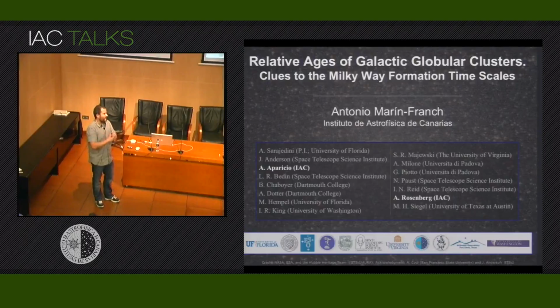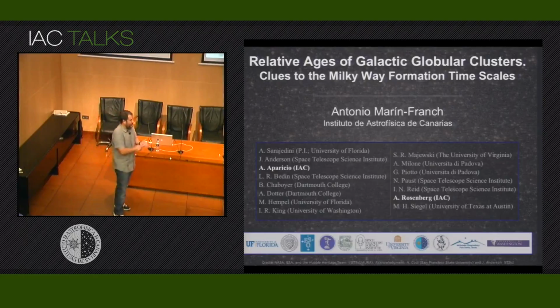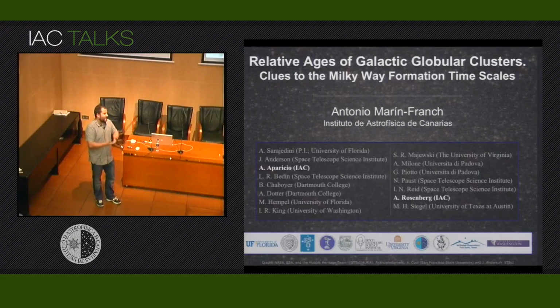This is simplistic, in the sense of Eggen, Lynden-Bell and Sandage 62, but this is the connection. I try to compare the time scales of this simplistic model and our dispersion of globular cluster ages, in the context of such a formation scenario.